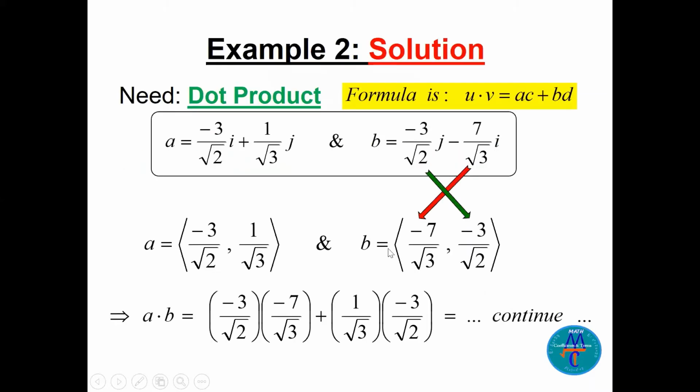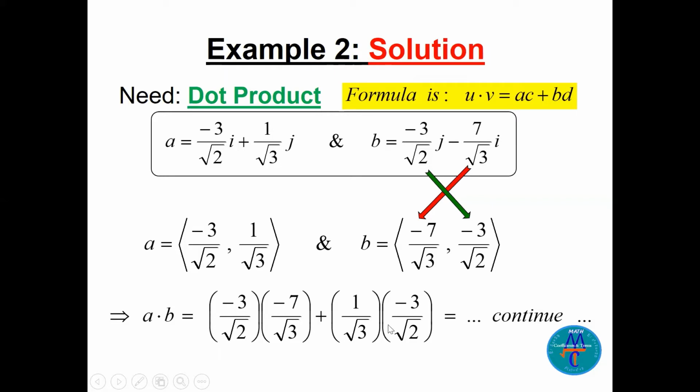So let's see. u is written as -3/√2 for the x component, and the y component 1/√3. For v, you have to write the j term first: -7/√3, and the second one -3/√2. Now everything is easy. Not that easy. Just multiply a times c plus b times d.